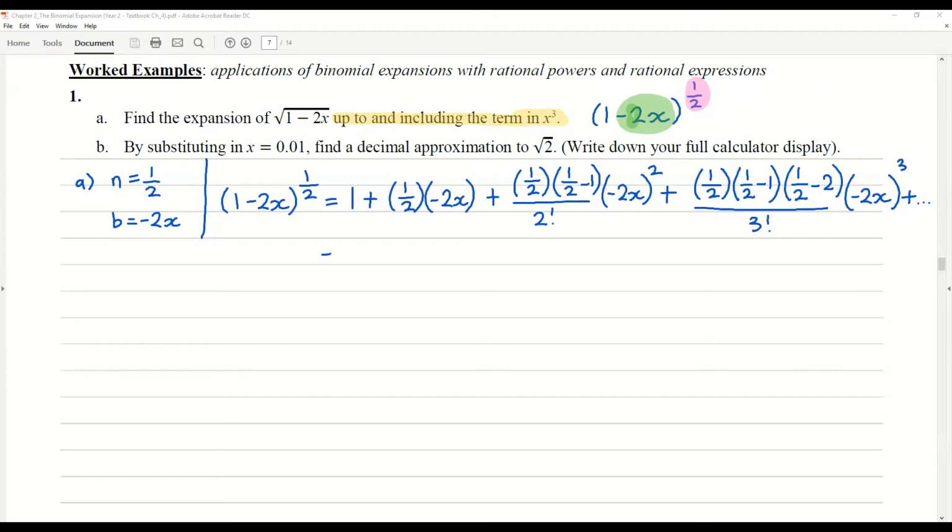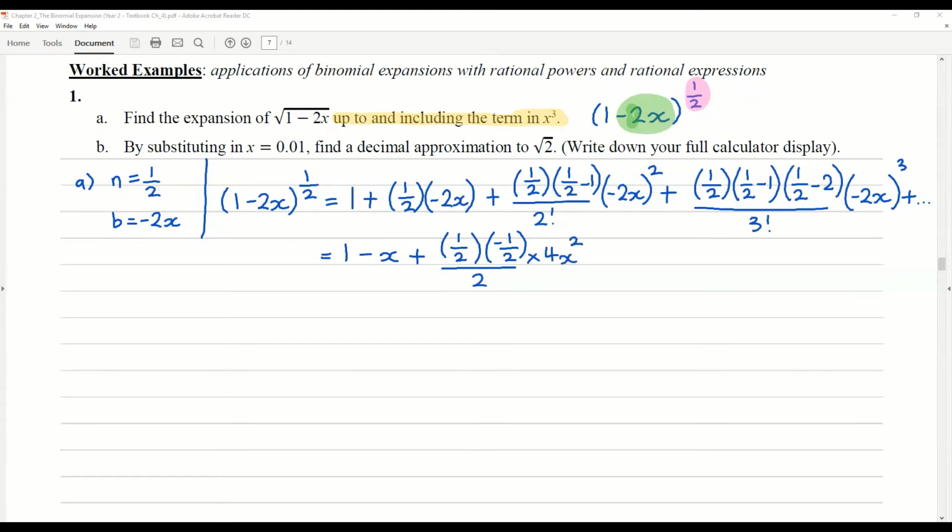All right, so we've got 1, 1/2 of -2, so that's going to be -x. And remember, I'm not going to do too much in one go. Plus 1/2. Now, 1/2 subtract 1 is, of course, -1/2. 2 factorial is, of course, 2. And if I do -2x all squared, multiply that by 4x squared.